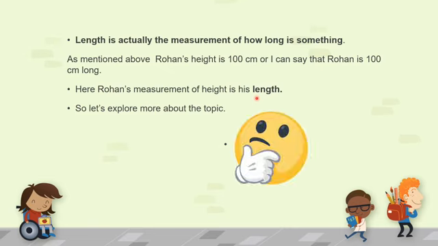So that is his length. When we talk about height, it becomes the length. Any particular object or thing we talk about, we say how long it is. If we talk about the height of something, then we are actually talking about the length of that particular thing. So let's explore more about this topic and learn more about length.